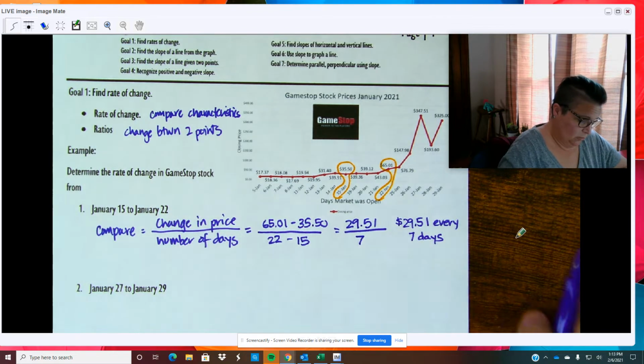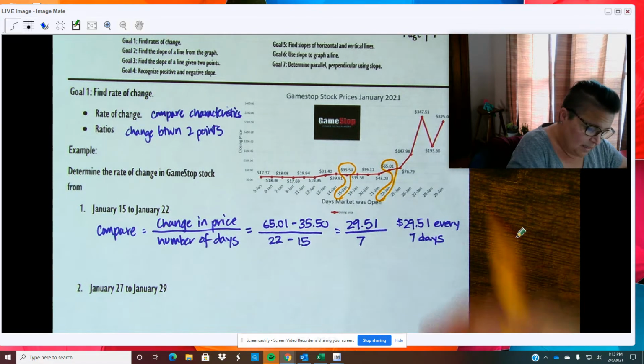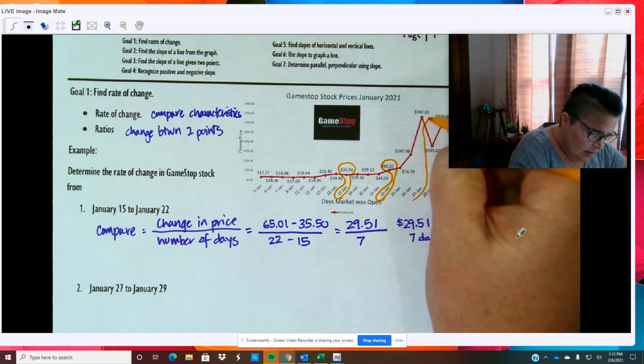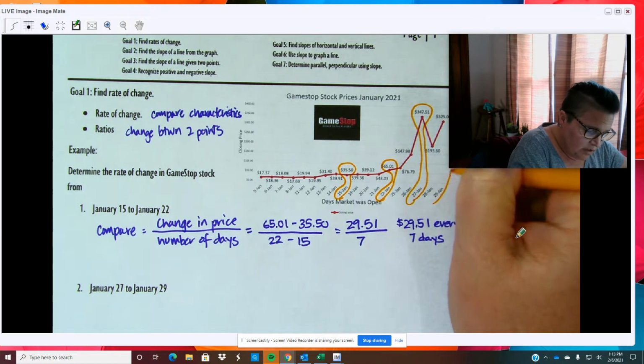If we take a look at the rate of change from January 27th to January 29th, the idea here is that we find January 27th and we find January 29th.